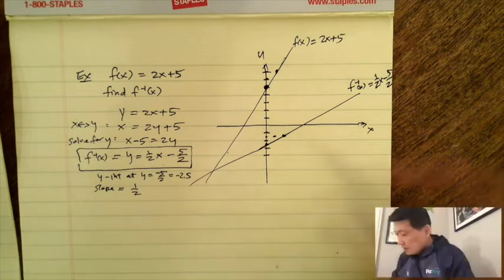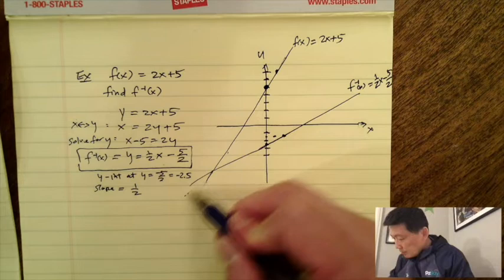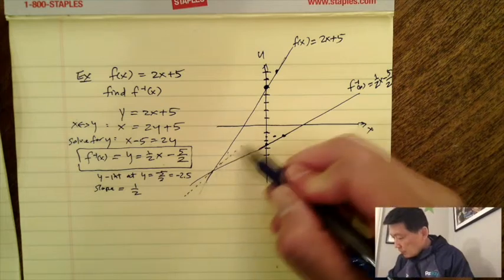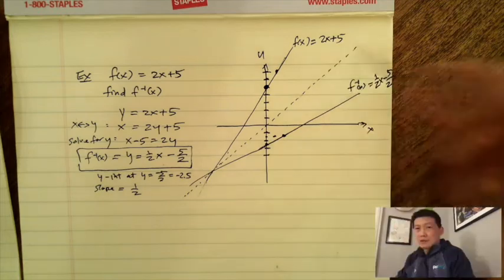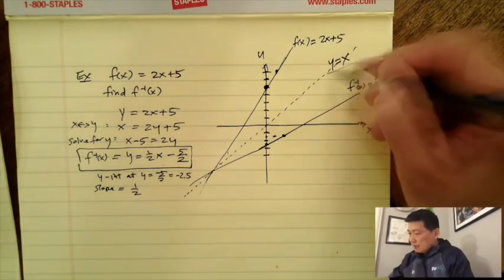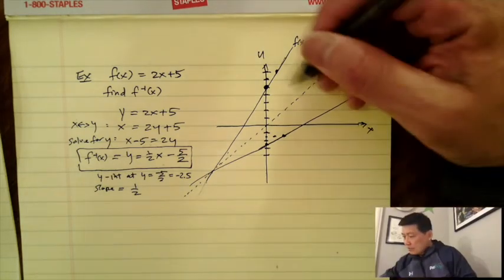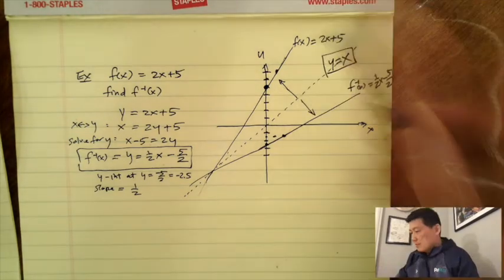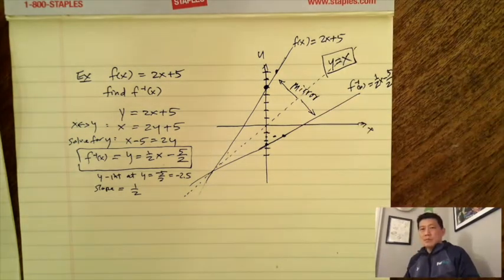Now if you look at this, it turns out that it is precisely the mirror image along this 45-degree line, y equal to x. It's the mirror image.